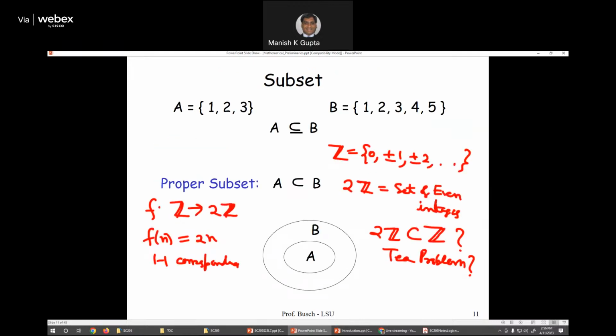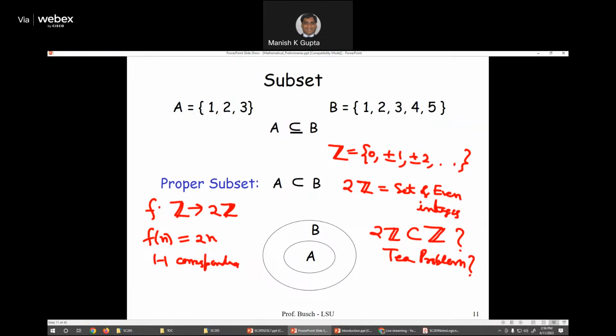Subset is a beautiful thing, right? So let me ask you one question. We know that A is a subset of B if every element of A is a member of B, right? Now proper subset means a strict subset; equality will never happen.